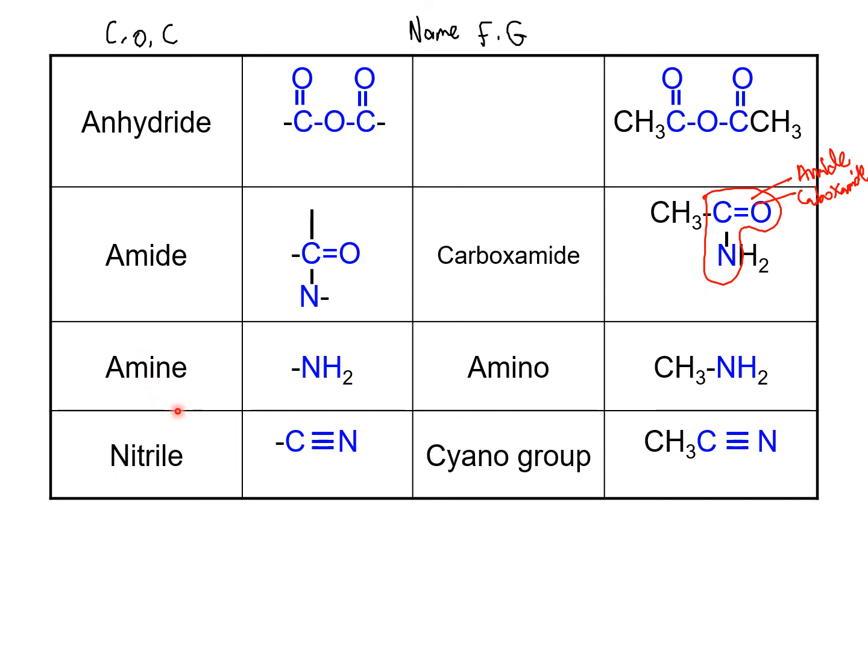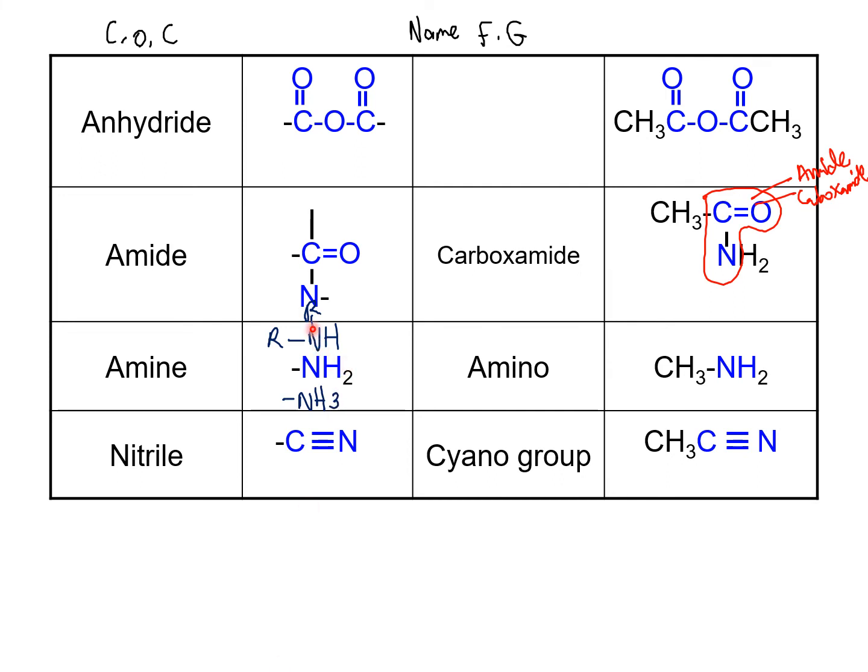Next, for the class of compound amine, tak kisahlah ada N single bond N, and then N tu dia tak kisah melekat dengan 2H ke ataupun dengan 1H sahaja, tapi another one dia melekat dengan alkyl group ataupun dia melekat dengan dua alkyl group like this, ataupun dia melekat dengan NH3.